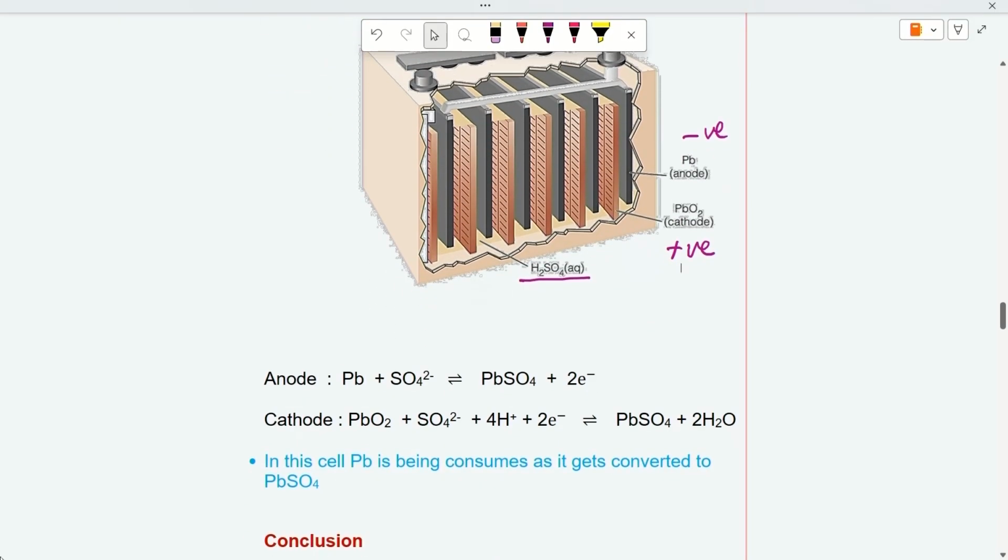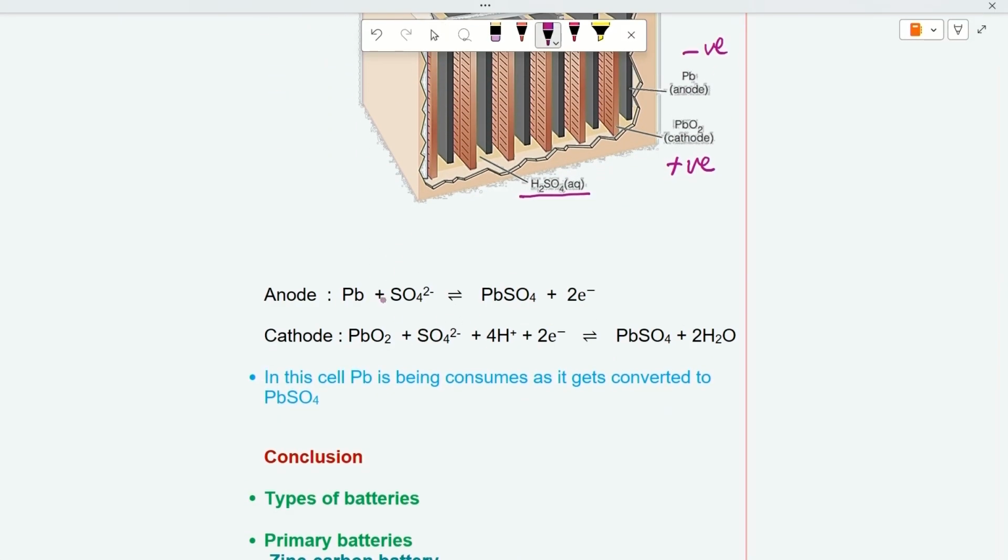Now, let us see the reactions taking place within the cell. Here we have the anode, lead, which will combine with sulfate ions derived from the sulfuric acid and get converted into lead sulfate plus 2 electrons.